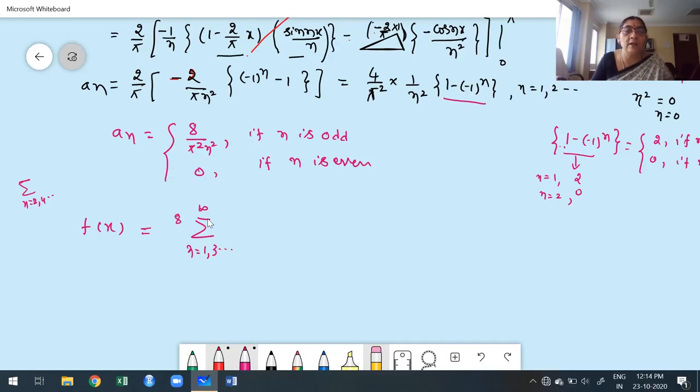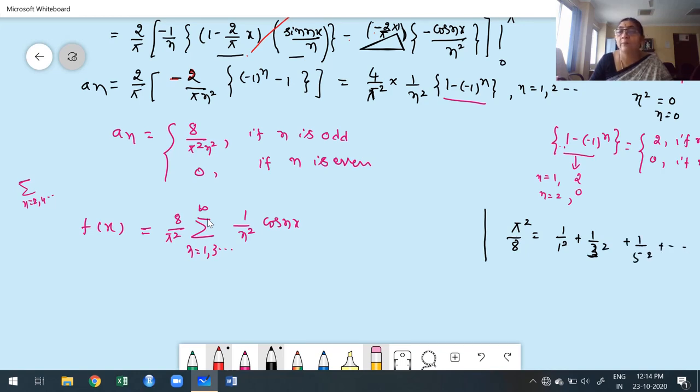What's the constant? 8 by pi square is a constant. What's the remaining? 1 by n square into cos nx. What do we want to prove in the required result? They want pi square by 8 equals 1 by 1 square plus 1 by 3 square plus 1 by 5 square, etc. Suppose you expand this series with only odd values: 1 by 1 square, 1 by 3 square, 1 by 5 square.